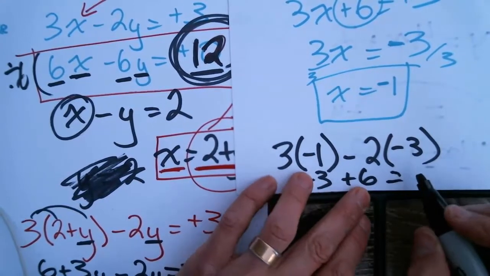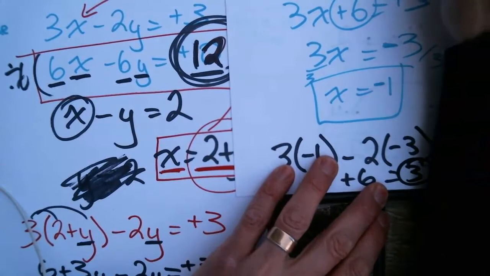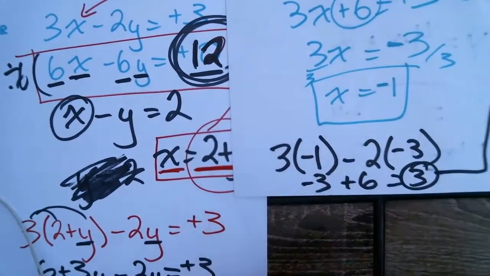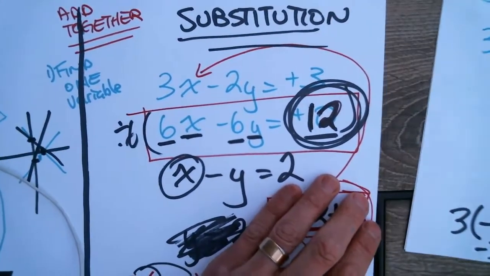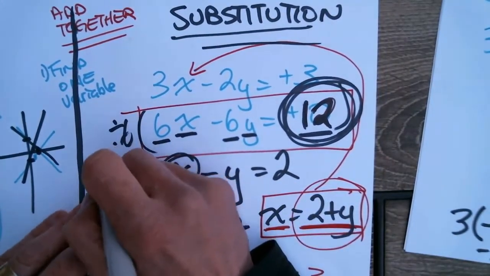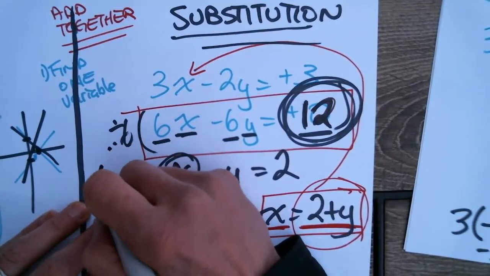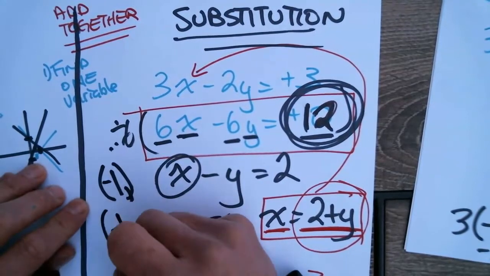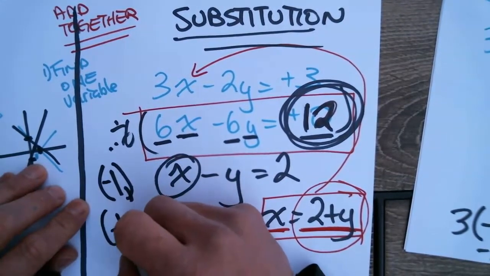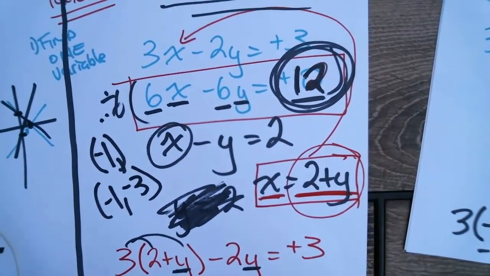Negative 3 plus 6 gives me positive 3. There's our original. So what that does is that confirms that these two lines are going to cross at x of negative 1, y, sorry, x negative 1, y negative 3. Whew, see, a lot of work.